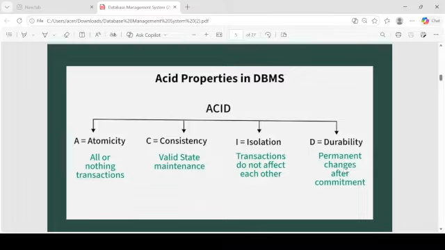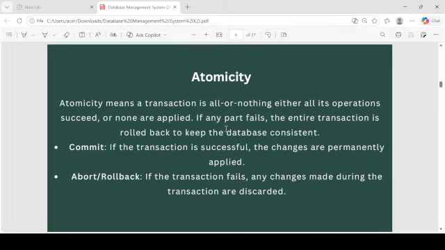Let's understand them in depth. The first will be atomicity, which is the A from ACID. Atomicity means a transaction is all or nothing: either all its operations succeed or none are applied. If any part fails, the entire transaction is rolled back to keep the database consistent.